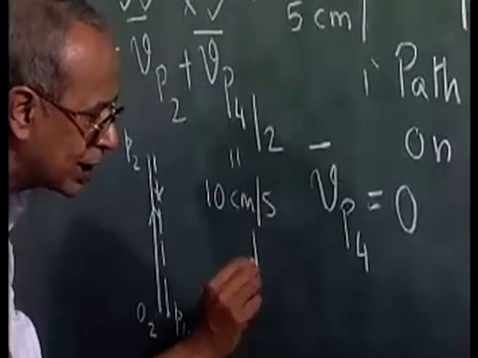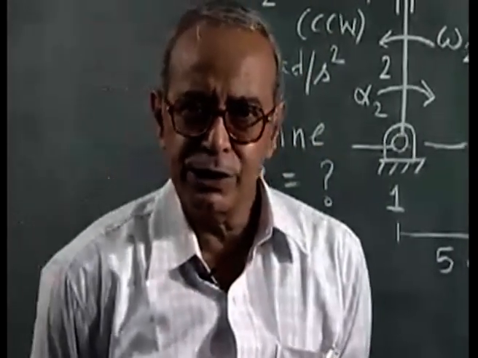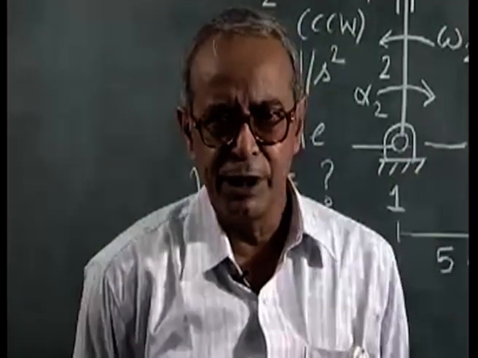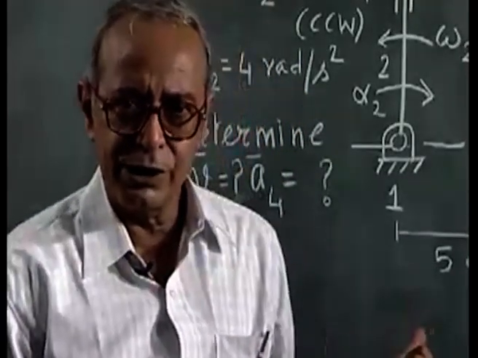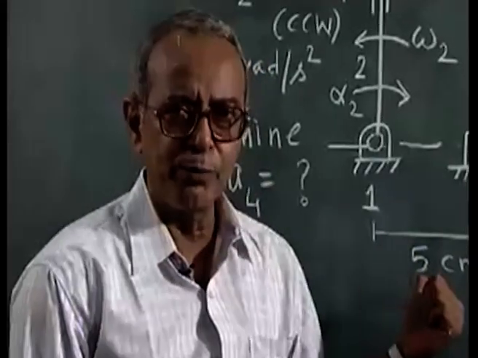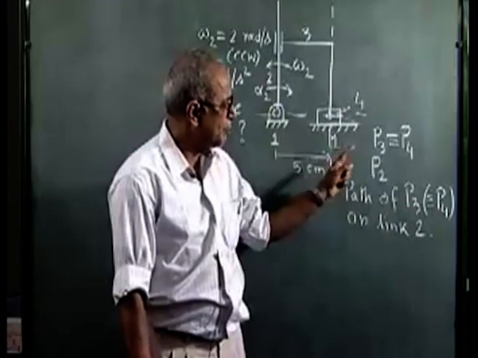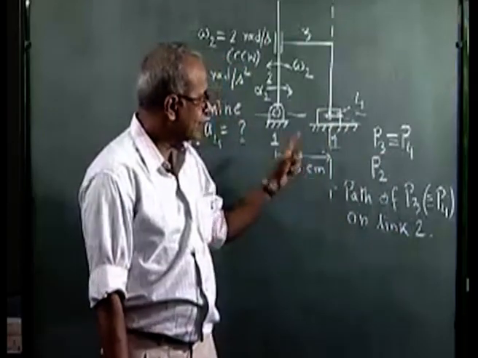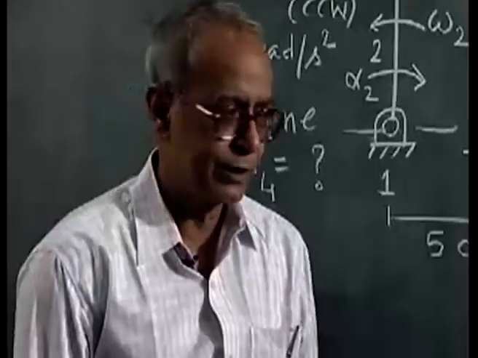Now that we have completed the velocity analysis of this mechanism, let me start with the acceleration analysis. From the velocity analysis, we have already obtained that Vp4 is 0, whereas Vp4 on 2 is 10 centimeter per second in the vertically downward direction.